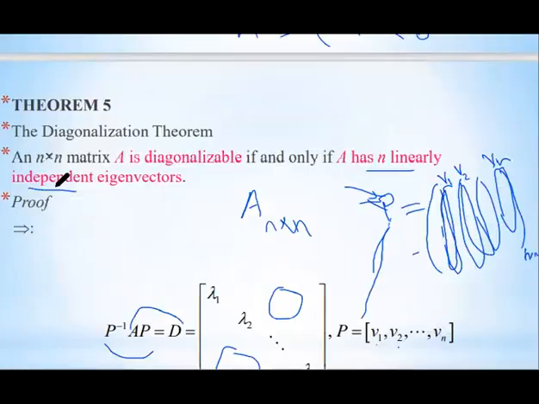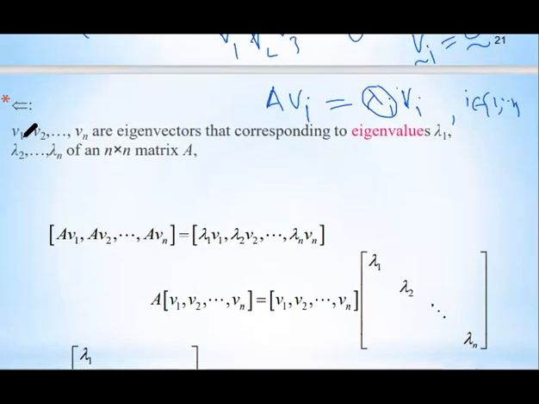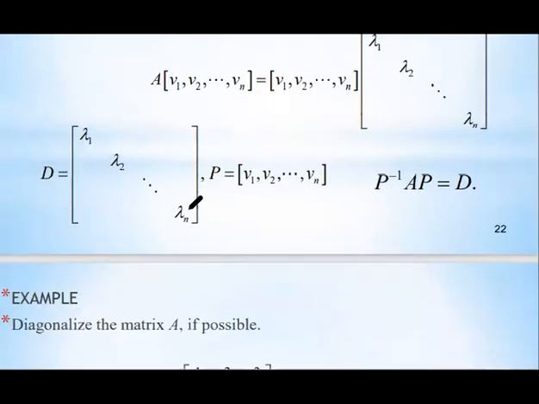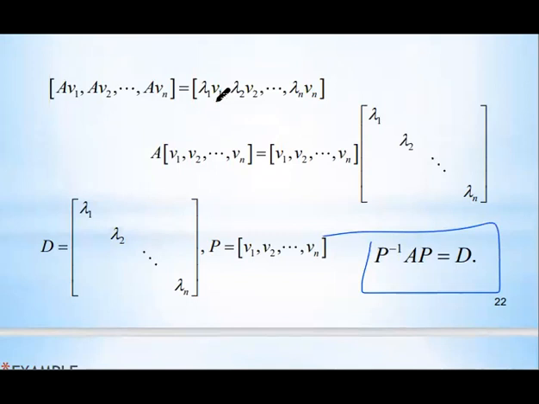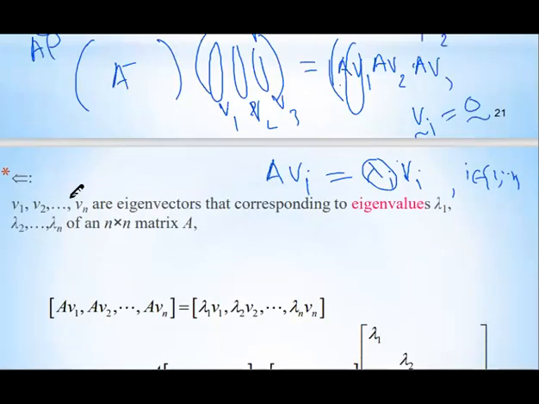So the other way around, let's consider the right hand side is true. A has n linearly independent eigenvectors, right? Okay, these are the linearly independent eigenvectors, and the corresponding eigenvalues are lambda i's, right? You can rewrite this one in a similar way. You can show this one is true, and here the vi's are linearly independent.